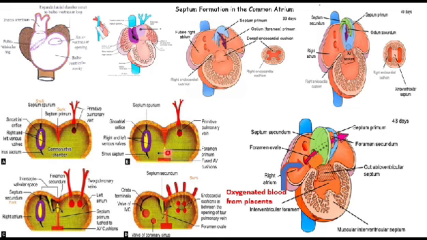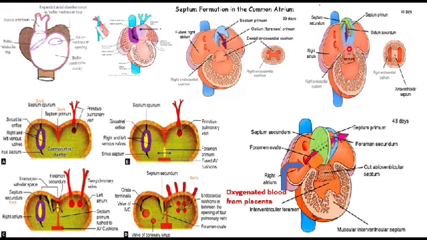Here it is represented in yellow. So this is the septum intermedium. So as the septum primum grows towards the septum intermedium, there is an orifice that is formed connecting the right and left halves of the primitive atrium, which is called foramen primum or the ostium primum. The progressive growth of the septum primum will result in the closure of the foramen primum.